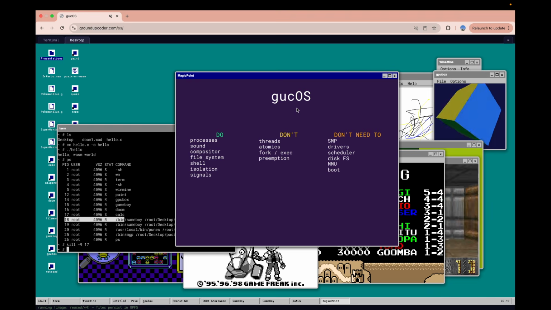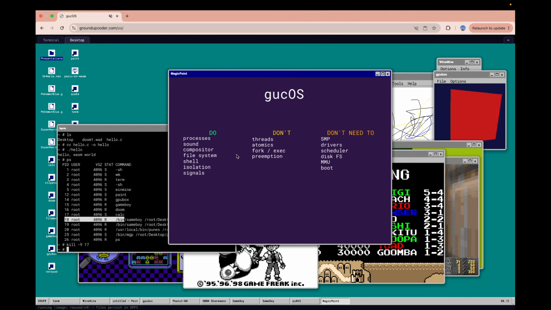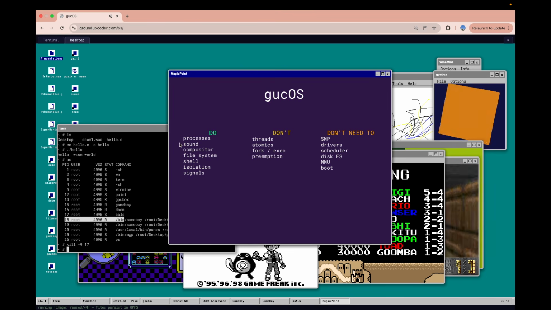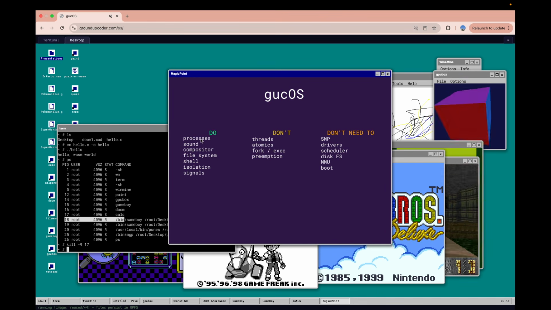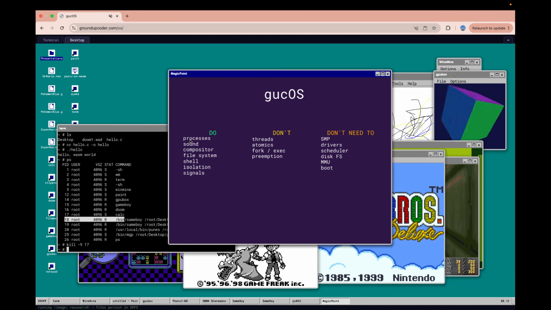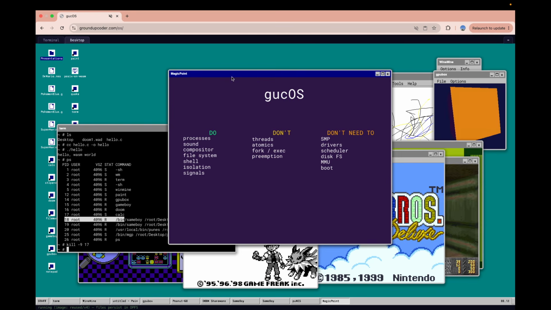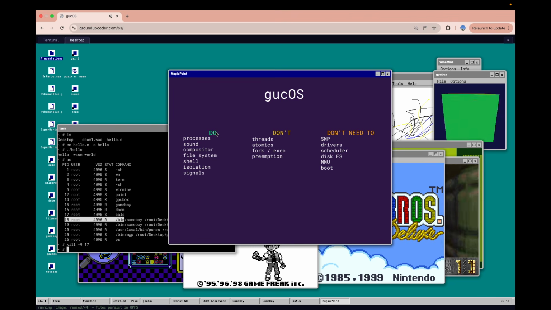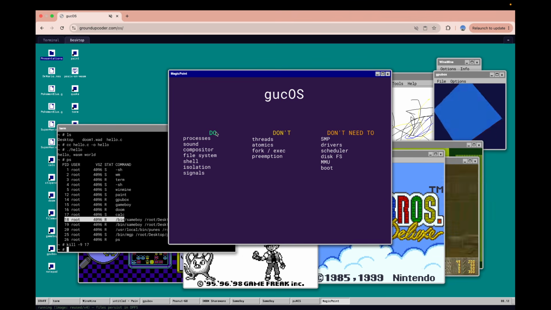Anyway, so what does Groundup Coder OS do and not do? It does have a notion of processes, which, granted, is a lot easier on WebAssembly, because the way I'm treating this is, the web gives you this notion of a web worker in the browser context.